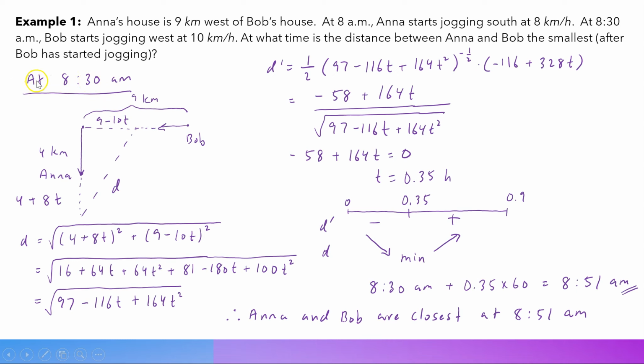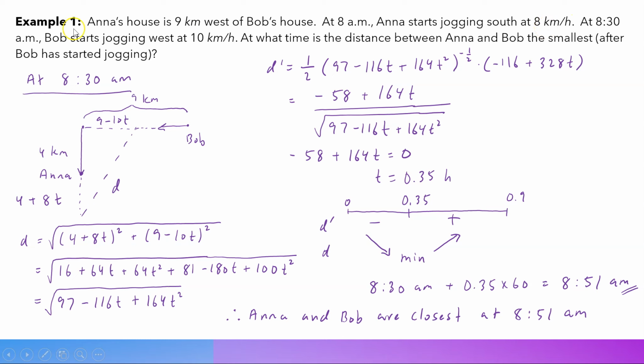So at 8:30, the situation that we have here is that Bob has traveled a certain distance. We're told that Anna starts jogging south at 8 kilometers per hour.